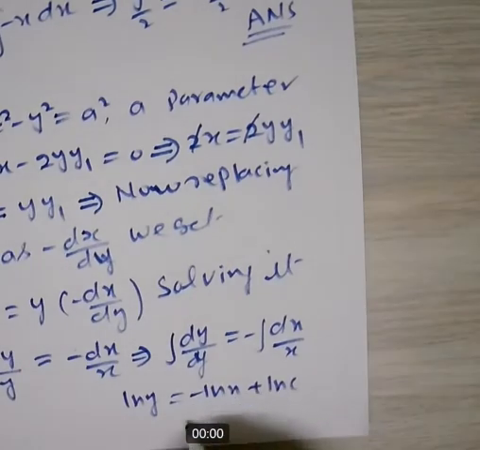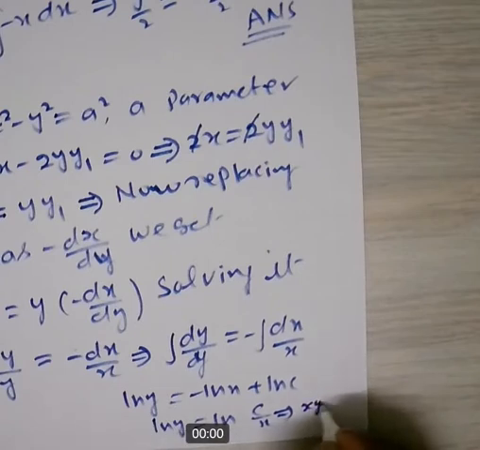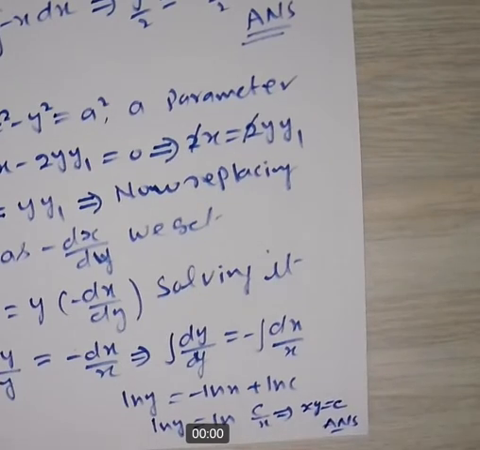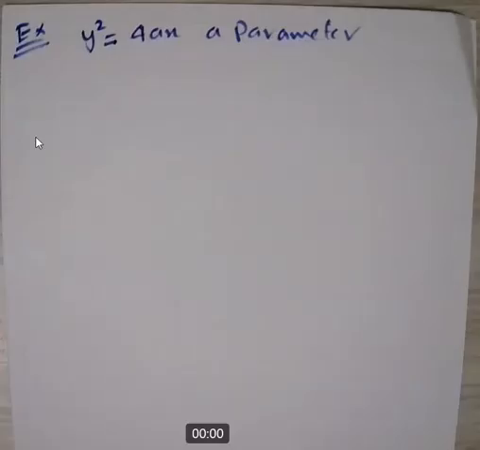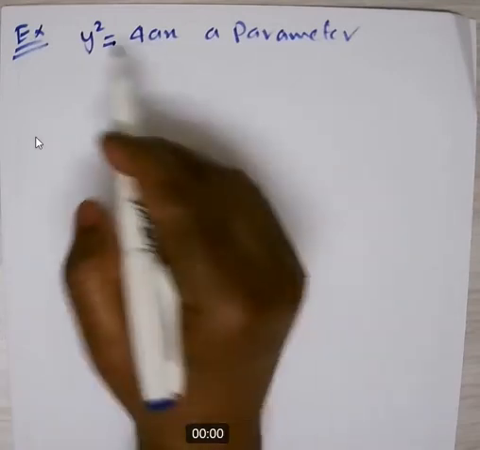When you write ln on all sides, you can simplify it: ln of y equal to ln c divided by x, so you can write xy equal to c. This one is the orthogonal trajectory of the given function.